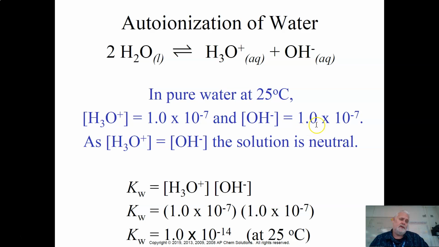And 1.0 times 10 to the minus 7th, and that would be your concentration of the hydrogen ion. Now, they are missing the units on here, so you should add that. Add the capital M. That's what they're referring to. So capital M, moles per liter.